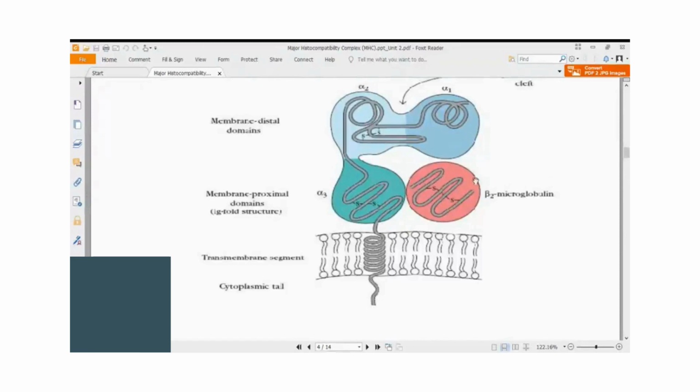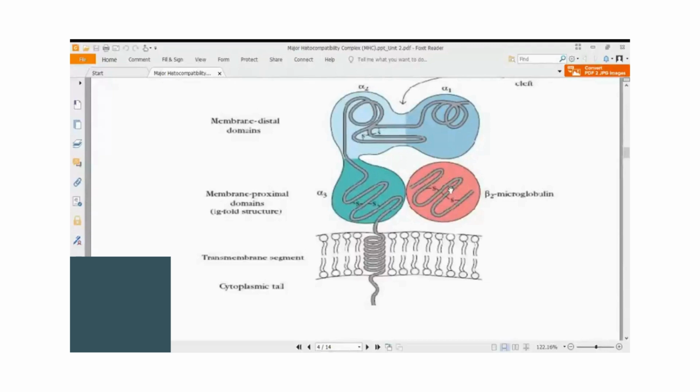And there is another molecule which is associated with it, that is beta 2 microglobulin. It is produced separately by another gene.